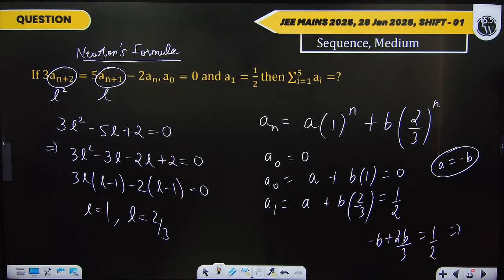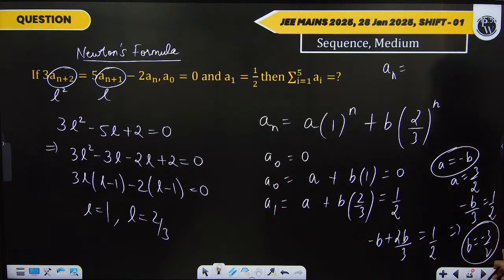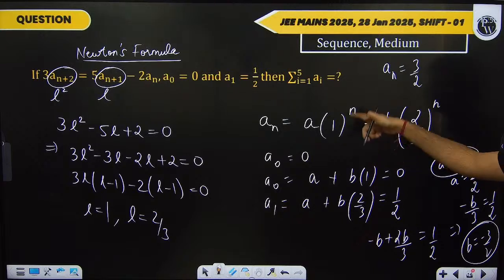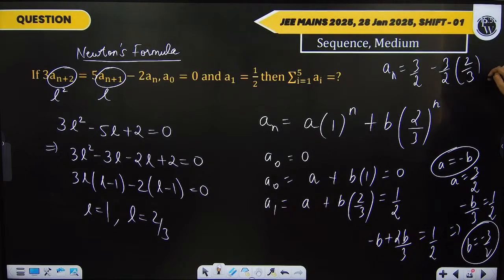Minus 3b plus 2b, minus b by 3, equal to half. b is coming out as minus 3 by 2. Once b is known, a will come out as 3 by 2. So now my general term an is equal to 3 by 2, 1 raised to the power anything is 1, minus 3 by 2 into 2 by 3 raised to the power n.